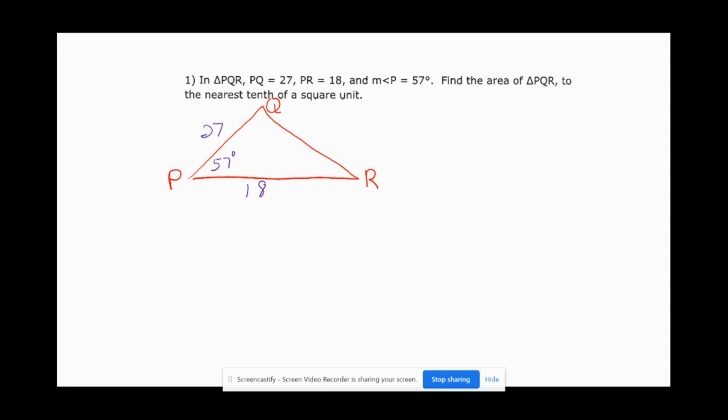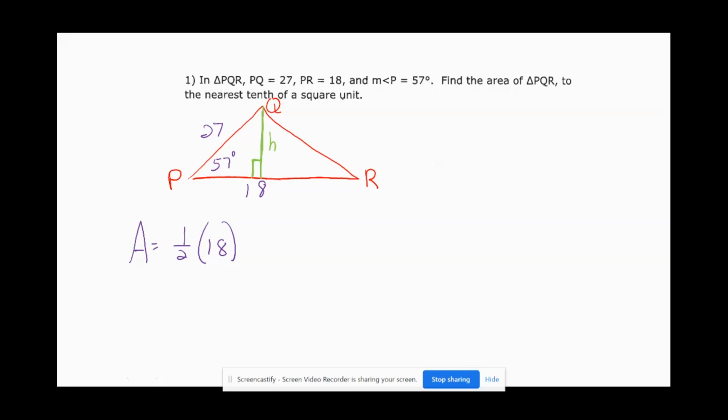Now remember, this whole base is 18. So I can see here for my area that I have 1/2 the base, but what about my height? Really we're doing the same thing that we did before, but let's drop down the height. This is my height. So we're dealing with this triangle right here.